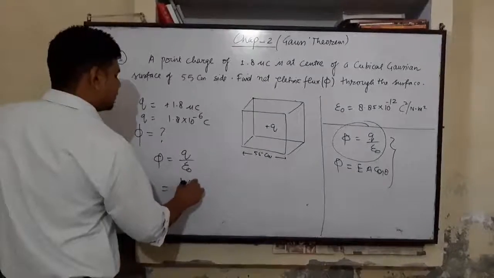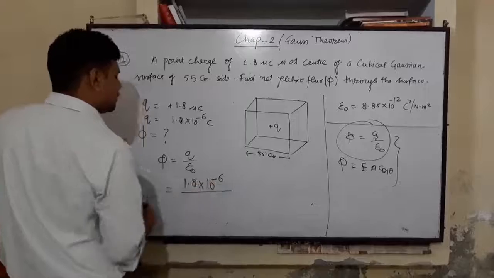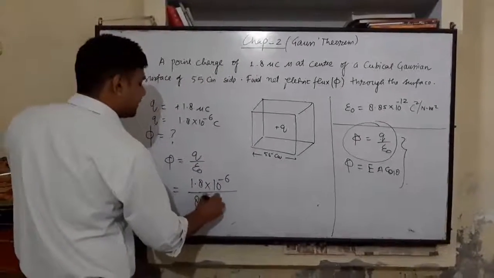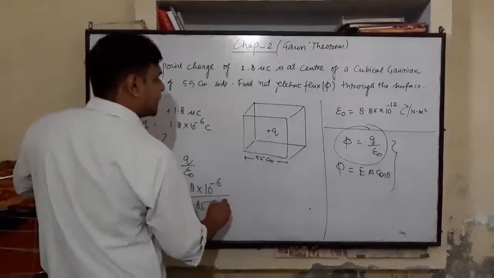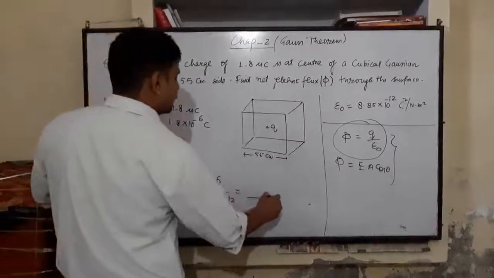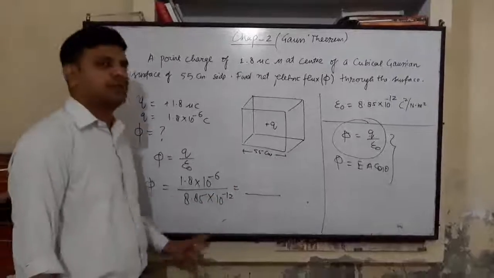Here q is 1.8 into 10 to the power minus 6, upon epsilon naught, whose value is 8.85 into 10 to the power minus 12. You can calculate it. This is the measurement of flux.